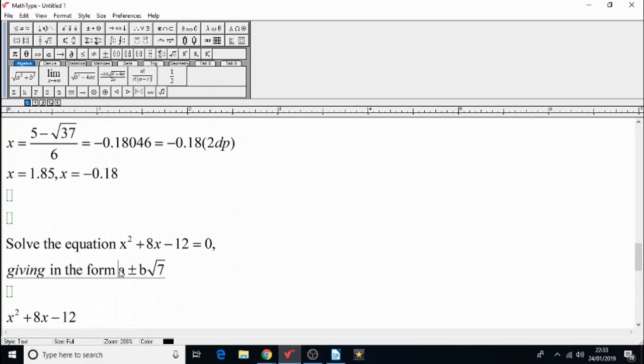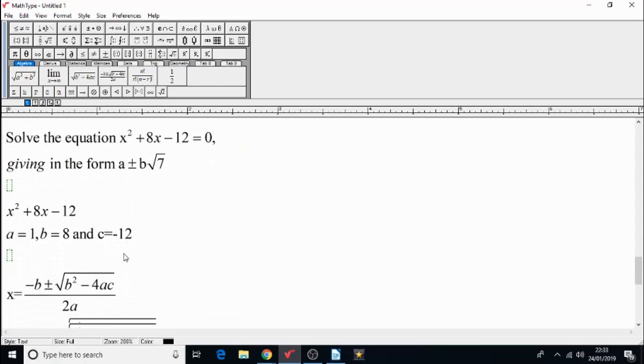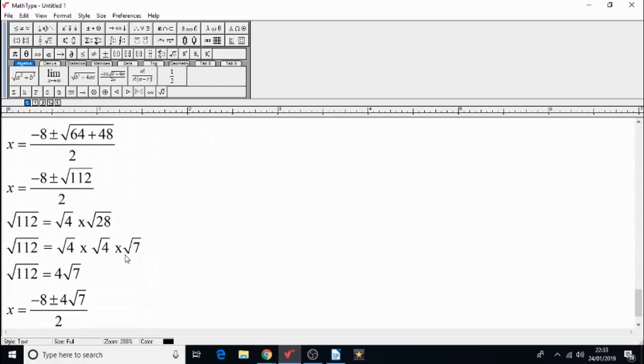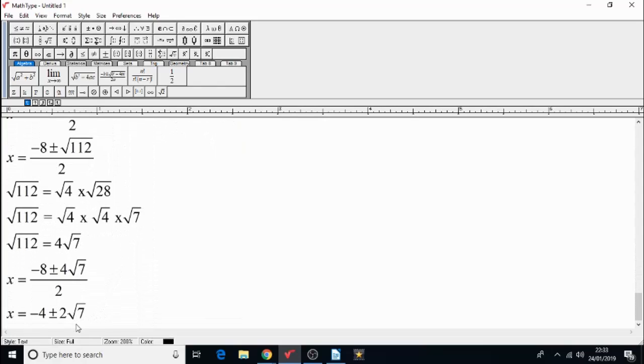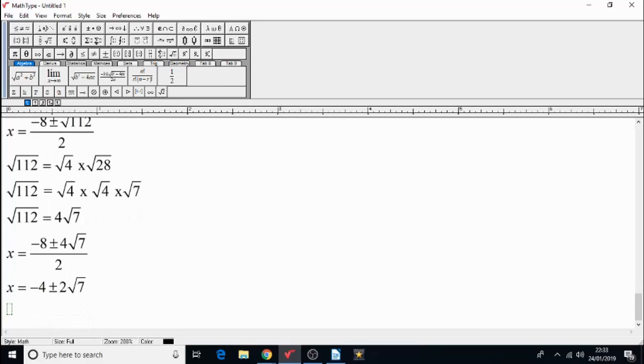So the equation has now been solved. The equation x squared plus 8x minus 12 equals 0 has been solved in the form a plus or minus b root 7. In the end, just to specify that you understand the question, you put what the a and b values are.